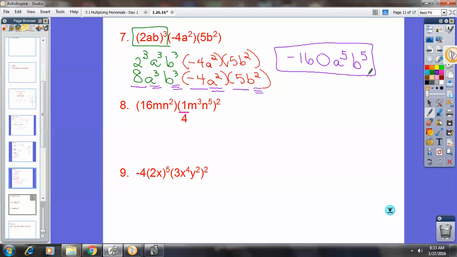Okay, look at number 8. Now this parenthesis really should include the 4 also.